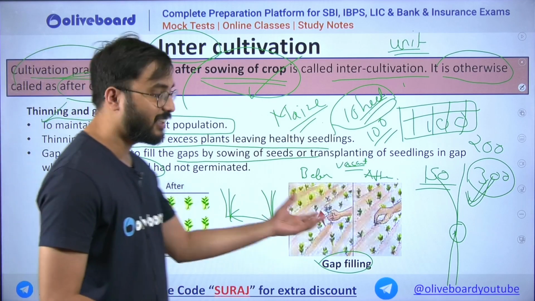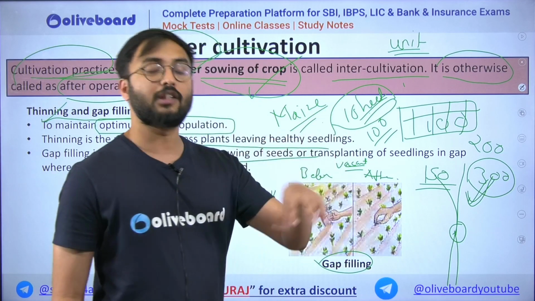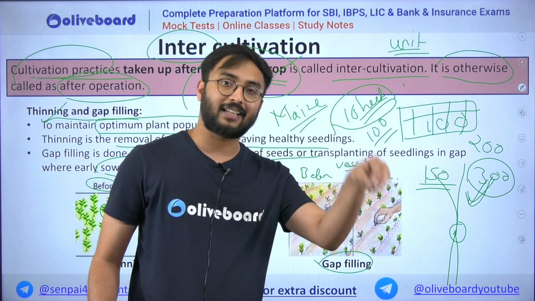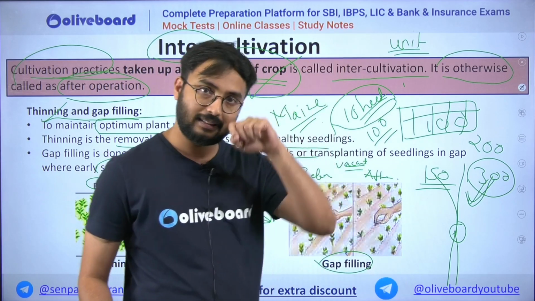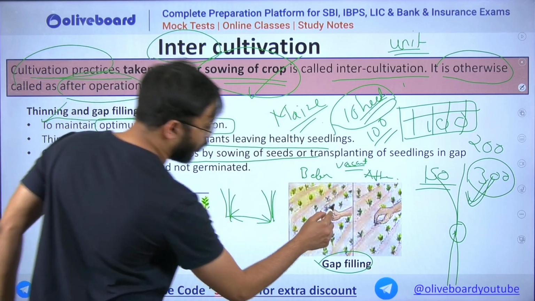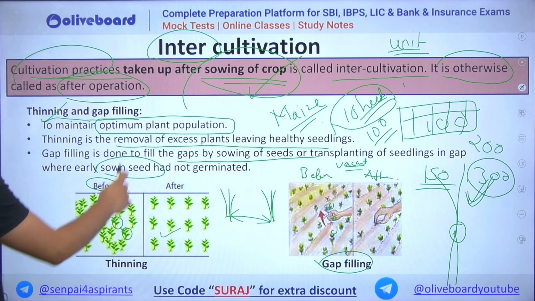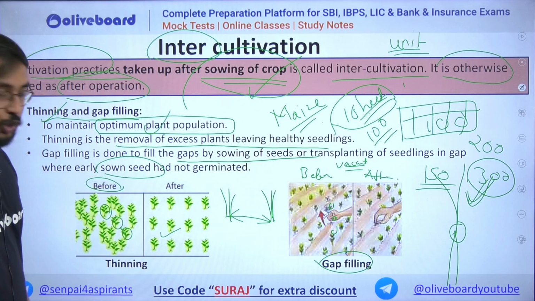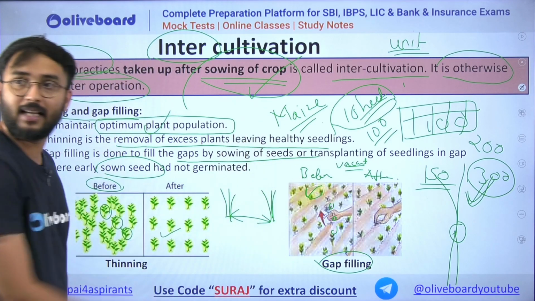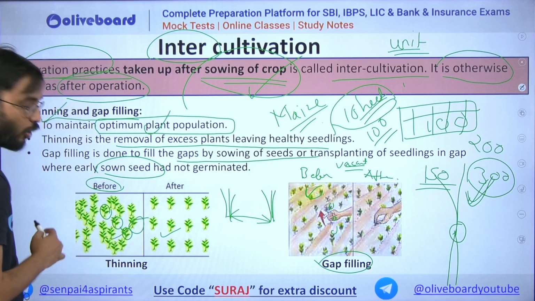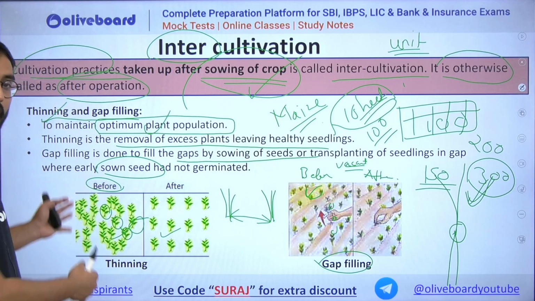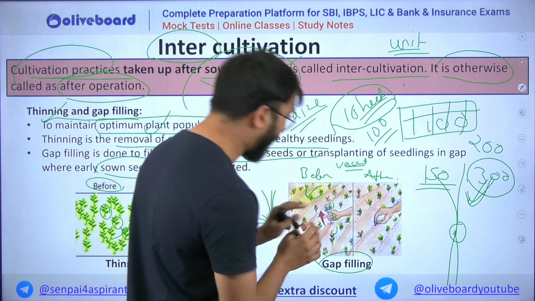So wherever the seeds fail to germinate, wherever you planted the seed but they did not grow, at that location you try to plant the seed. In this way, you control the overall plant population by addition of seedlings and by removal of plants. So thinning is removal of plants, gap filling is addition of plants.